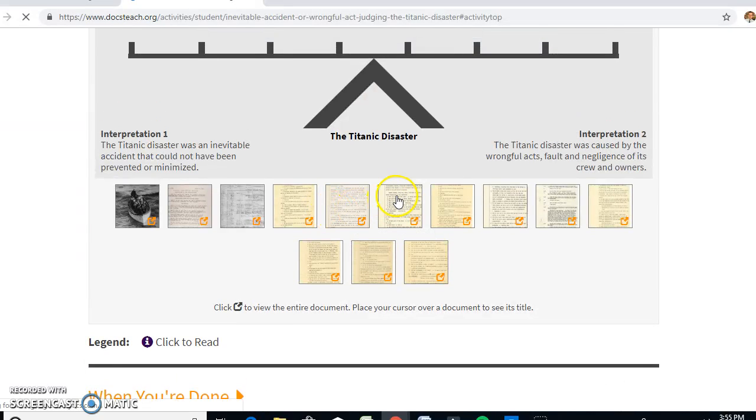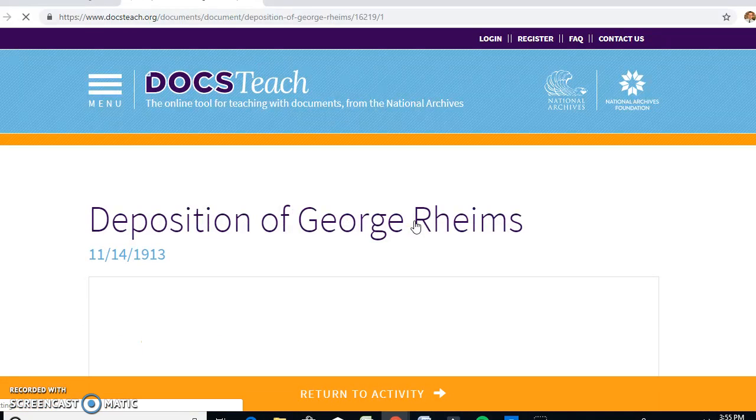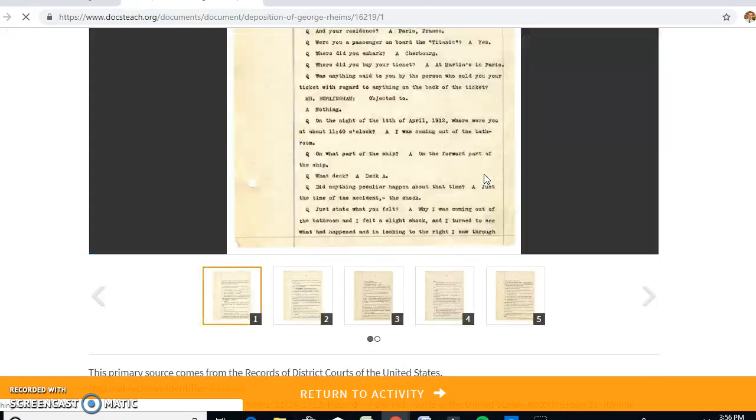We can also view additional pieces of evidence. Here's a deposition of somebody who was a survivor of the Titanic.